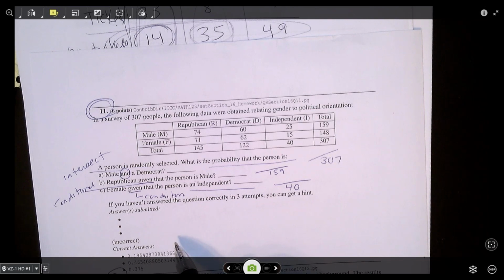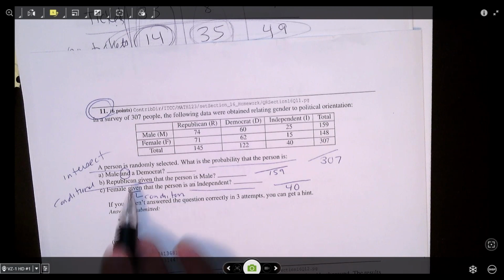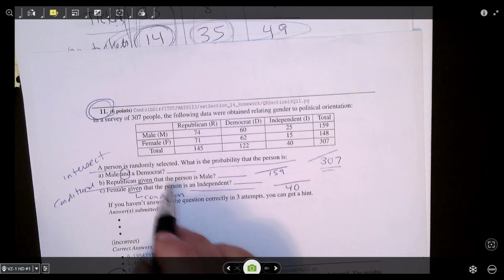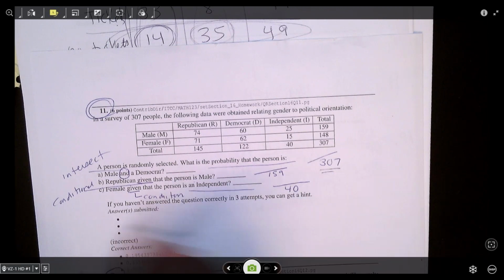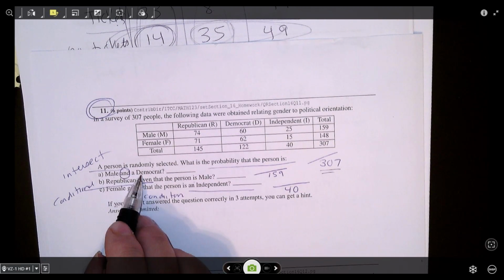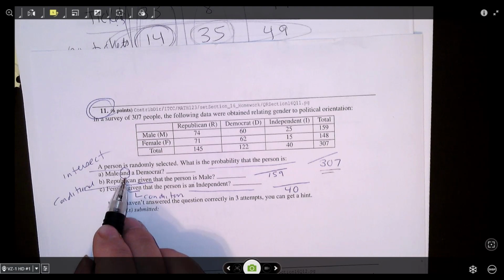Did it say given, or we already know somebody's chosen? No. So we are selecting from all 307. Out of that 307, we're looking for male and a Democrat. Okay, so they have to be both things.